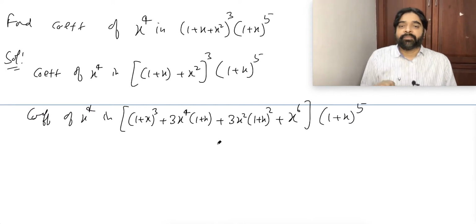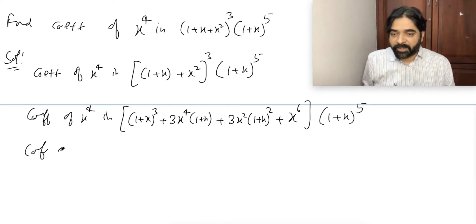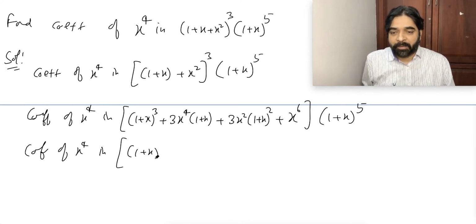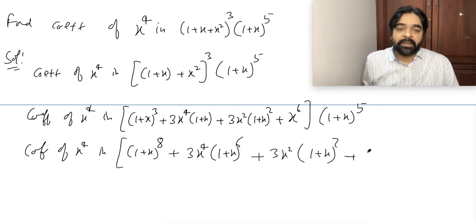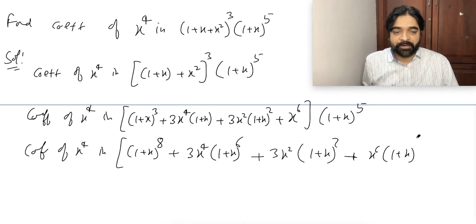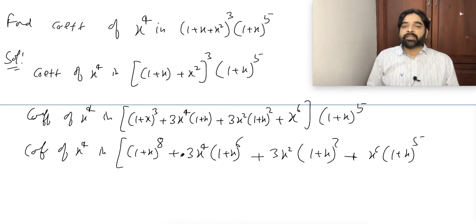Multiply first. Coefficient of x power 4 in (1 plus x) power 8 plus 3x power 4 into (1 plus x) power 6 plus 3x squared into (1 plus x) power 7 plus x power 6 into (1 plus x) power 5. Have you understood this step?